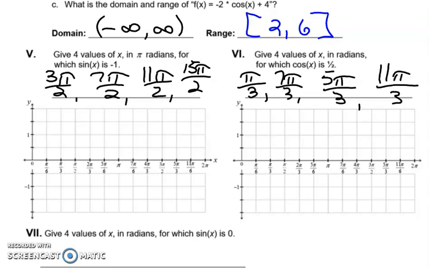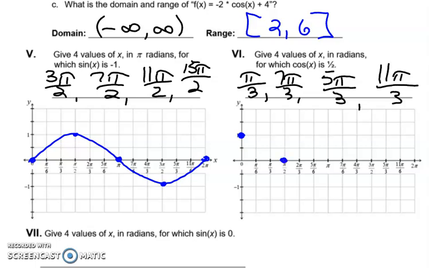And remember, each time you graph your parent functions, you're going to graph your 5 points. So we're going to start with 0, 0, pi over 2, 1, pi, 0, 3 pi over 2, negative 1, and 2 pi, 0. I just graphed the sine of x. So I graph cosine of x. I'm starting at 1, 0.